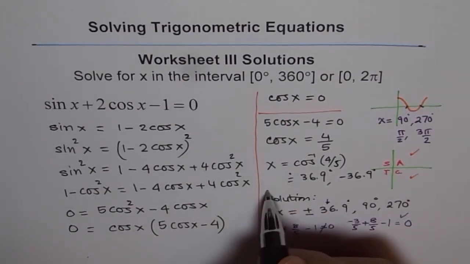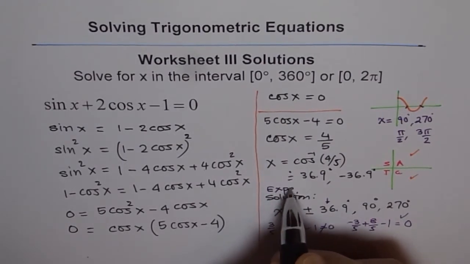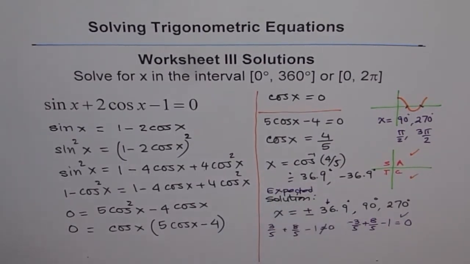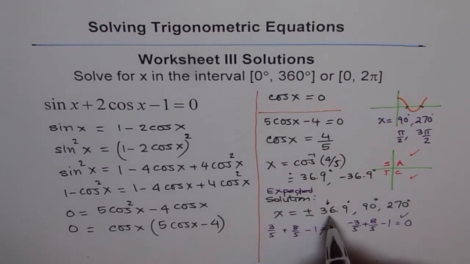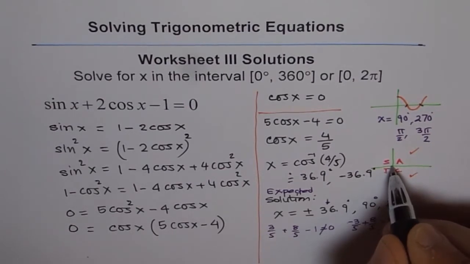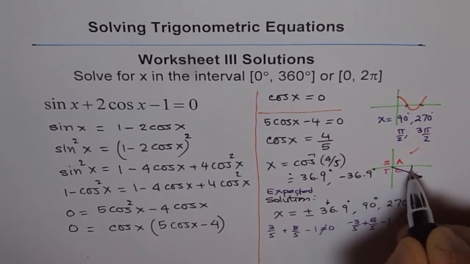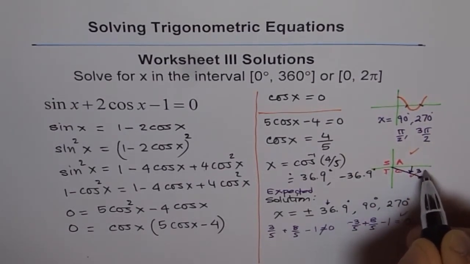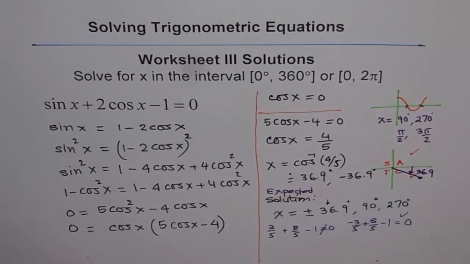These are expected solutions. And we have already found that plus 36.9 is not good for us. So we do have a right solution here, and that one is for minus 36.9. So we have finally one answer, which is this one, and that angle is 36.9. Correct? We got that one.